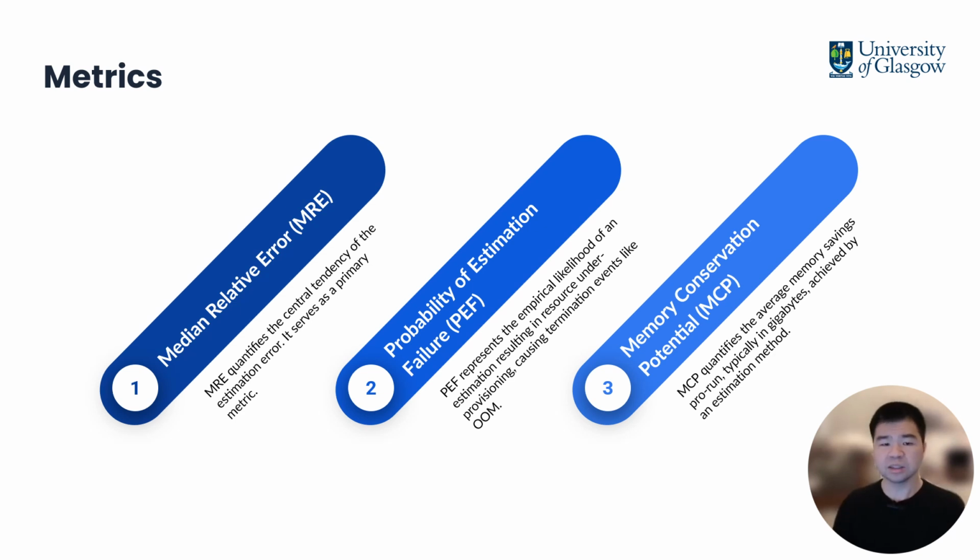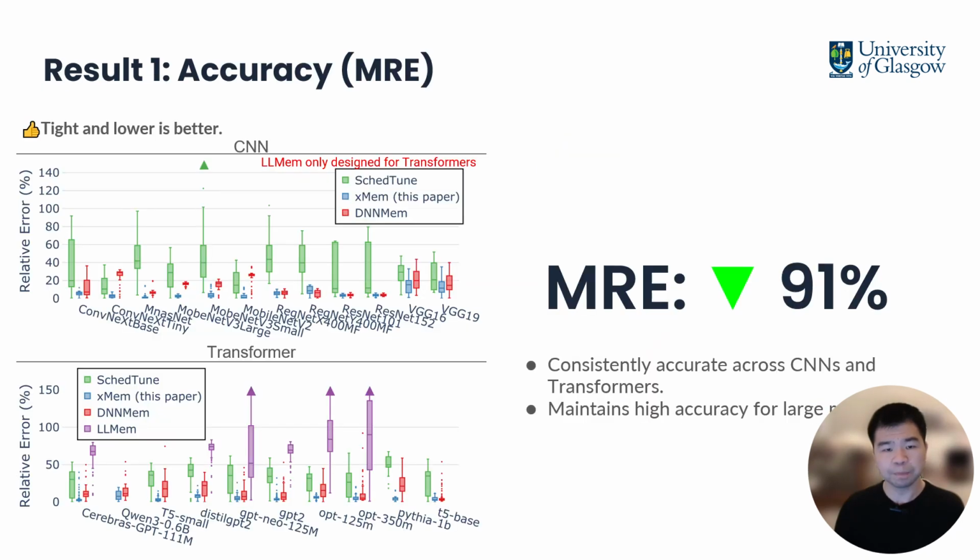One more thing, we are using the same color scheme across all diagrams, and our solution xMem is always in blue. First, let's move on to the accuracy diagram. There are two box plots. The upper diagram is for the CNN. Since the LLM solution is not designed for CNN models, its result is not exhibited here.